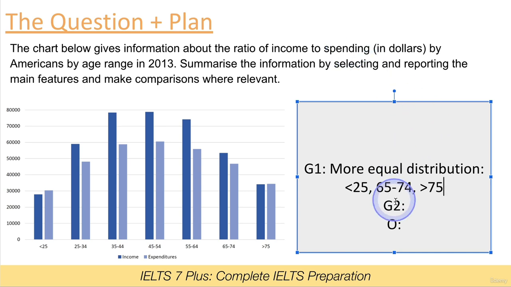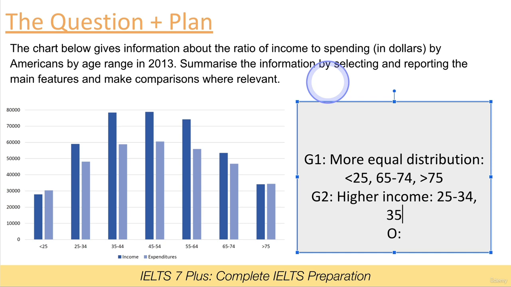Okay, and then let's go higher income, dramatically higher income, 25 to 34, 35 to 44, 45 to 54, and 55 to 64.